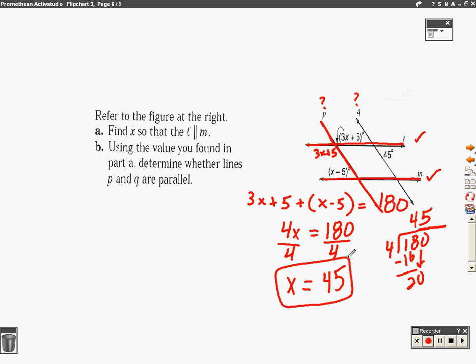And therefore x is 45. And that would have to be the value of x in order to make these two angles right here supplementary. And if they're not supplementary, then those lines wouldn't be parallel.